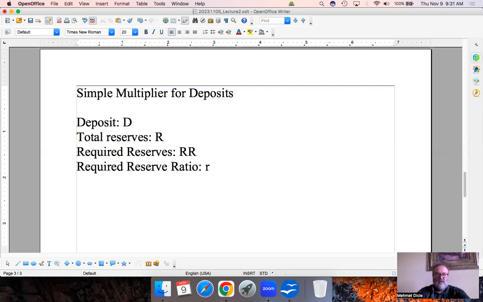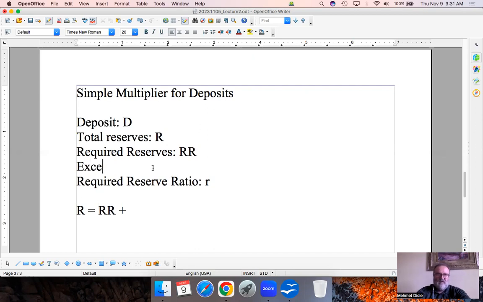And then the total reserves will be equal to required reserves plus excess reserves, right? And so it's very simple. The total reserves is equal to required reserves plus the excess reserve. And the required reserves, by the way, maybe we should just write that down.